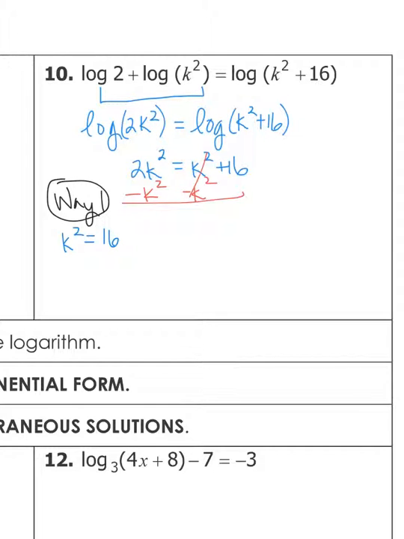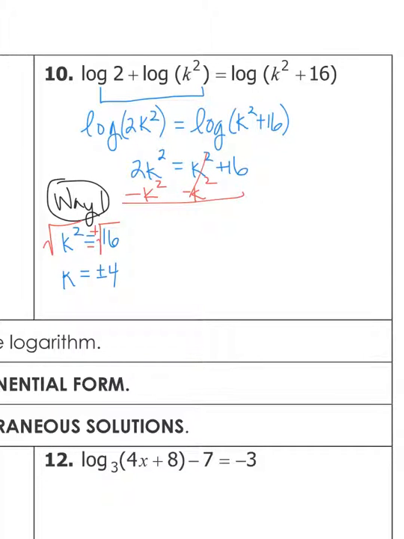Then to solve for k squared, you have to take the square root of both sides. But remember, because k is squared, it's got a degree of 2, which means we have 2 answers. So you cannot forget to do plus or minus when you do your square root here. And so k would equal positive or negative 4.